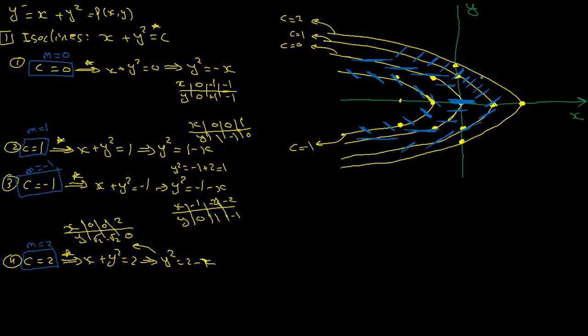Is M equal 2 more vertical than M equal 1 or more horizontal? More vertical, so it will be like this maybe. It isn't parallel to the y-axis, but it is more vertical than the one.